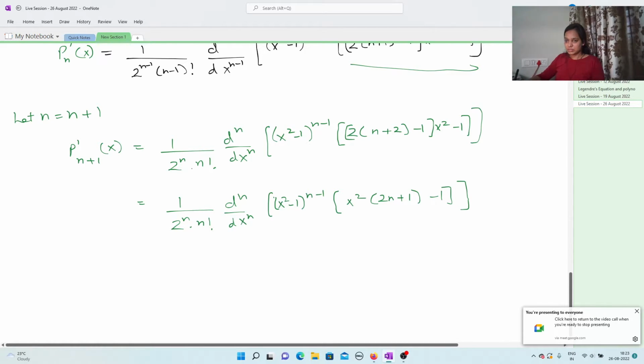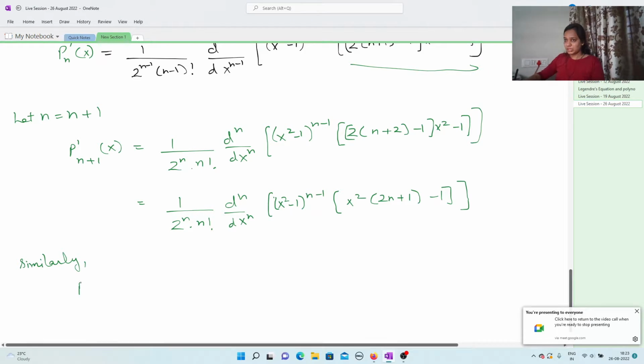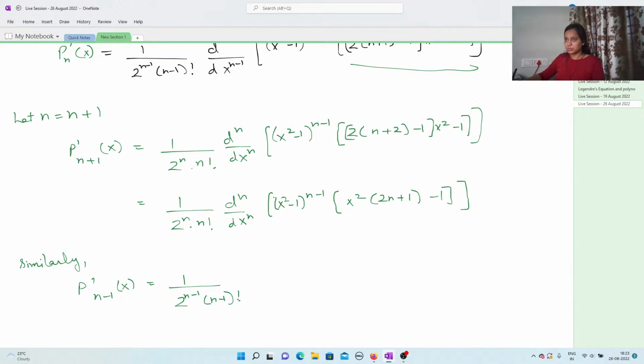Now, similarly, we can write P dash n minus 1 of x, and this will be 1 over 2 to the power n minus 1 into n minus 1 factorial.